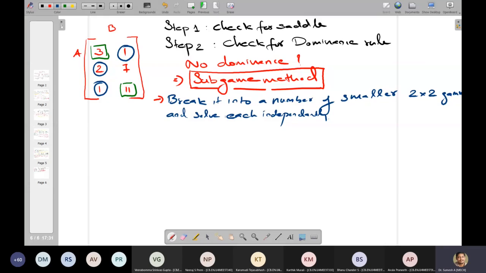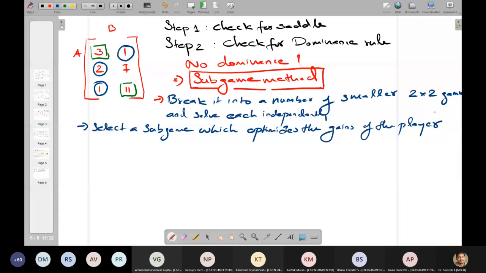which optimizes the gains of the player playing more than 2 strategies.